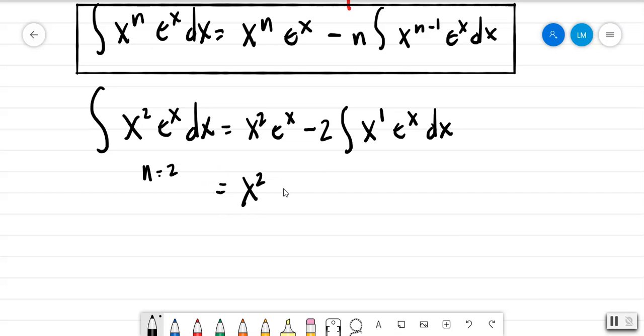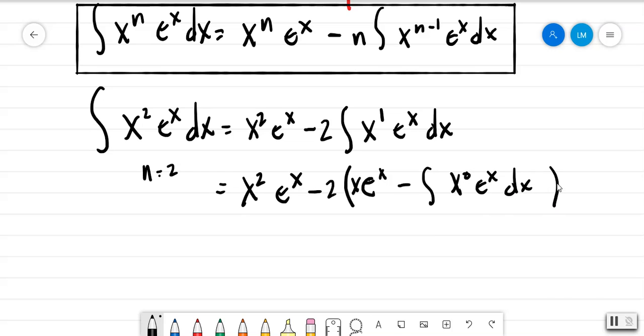You have x squared e to the x minus 2, parentheses. Okay, so if we use this again, we have e to the x times x, so we'll just put an x right there, minus the integral of x to the 0 e to the x dx, close parentheses.